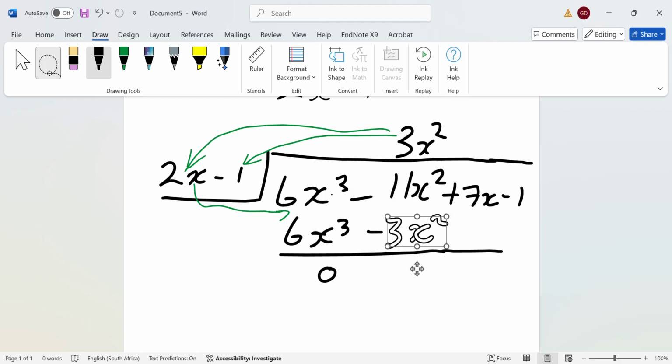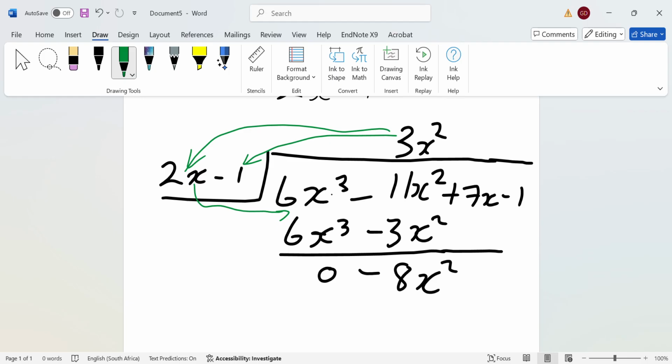Let's see what you get. Once you subtract that, you're going to get a -8x squared. Okay, and then what you do now, you still take that further.